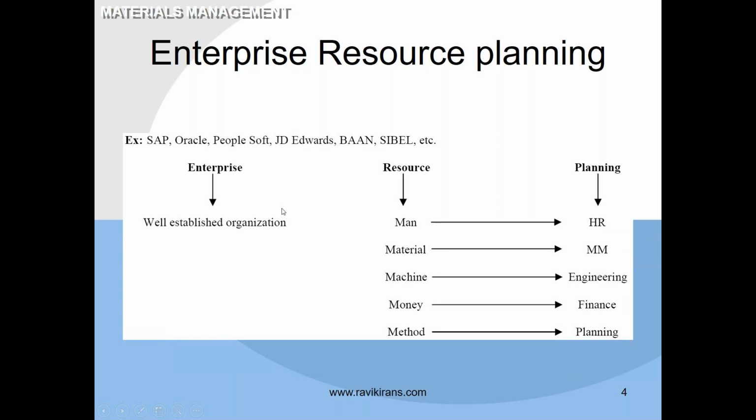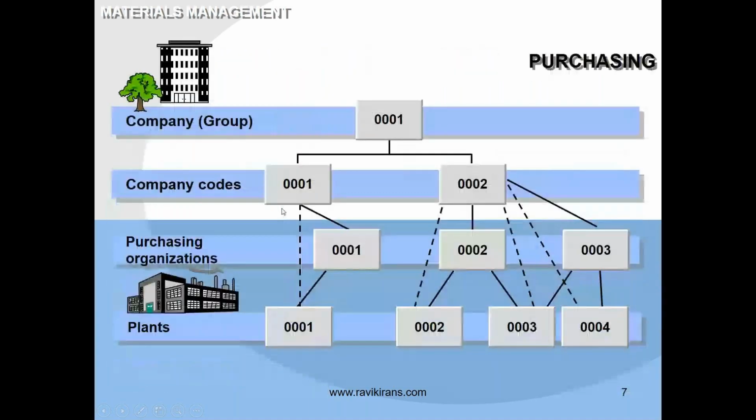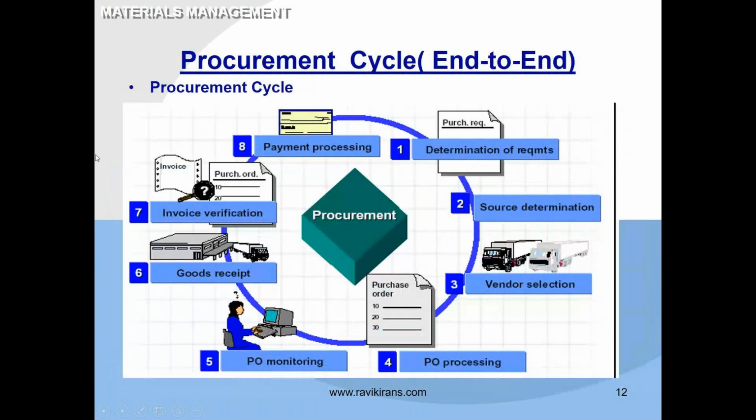If you want to understand how the MM flow goes: order to cash is pre-sale, sale, shipping, and billing. Here it is purchasing, then inventory management. In between, there will be something called MRP, invoice verification. It starts with the purchase request to the vendor, sourcing, and vendor selection.